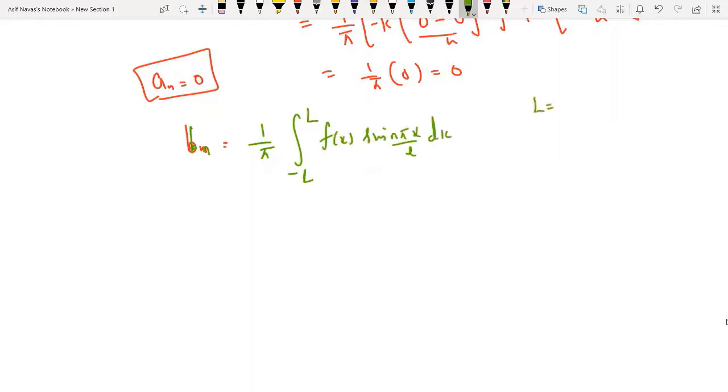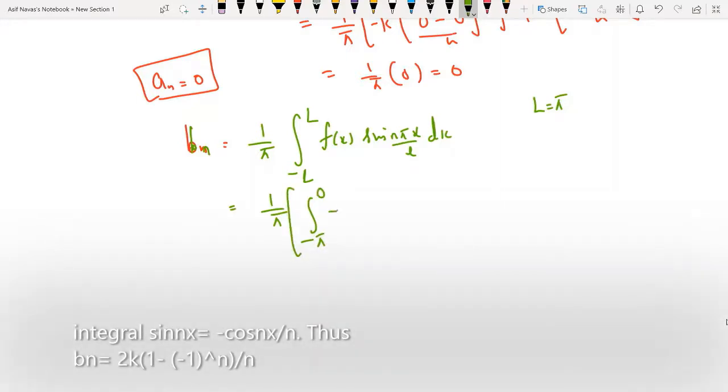L is pi here, therefore 1 by pi integral from minus pi to 0, we want to split it up, of minus k sin n pi x by pi, that is sin nx, plus integral from 0 to pi of k sin nx dx.